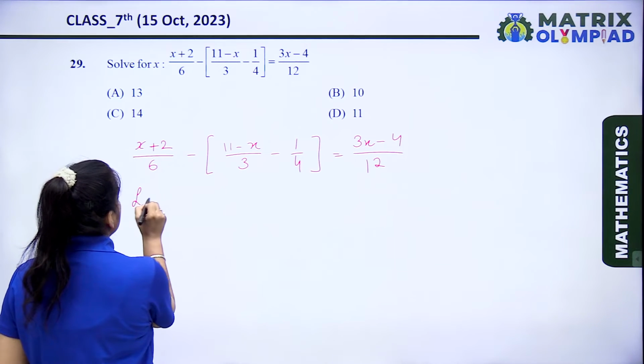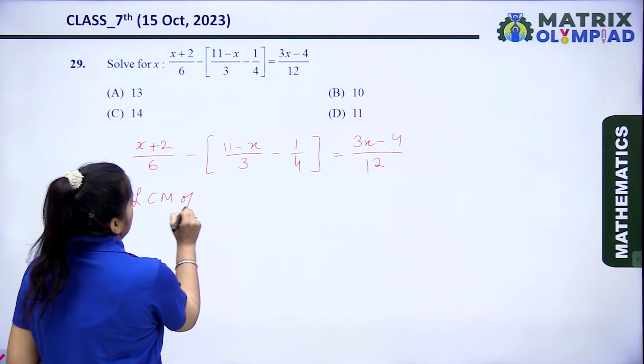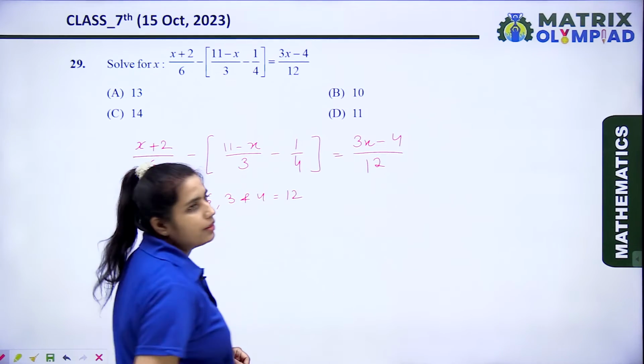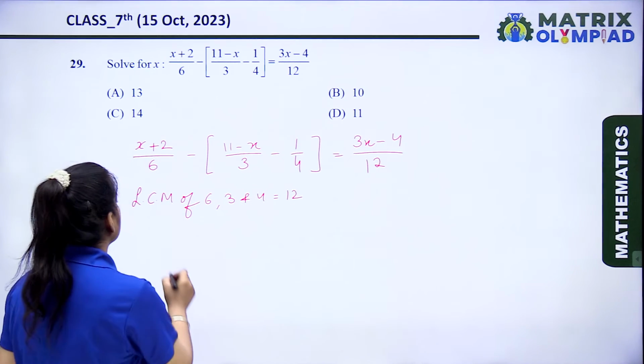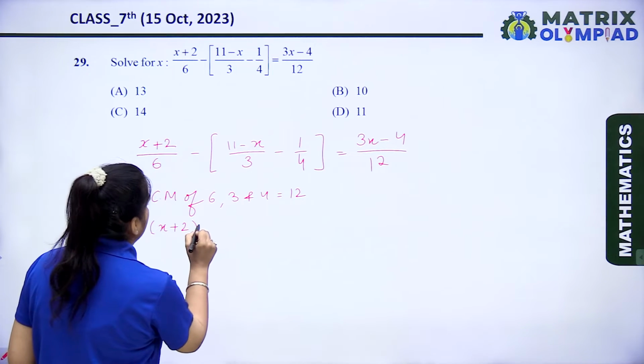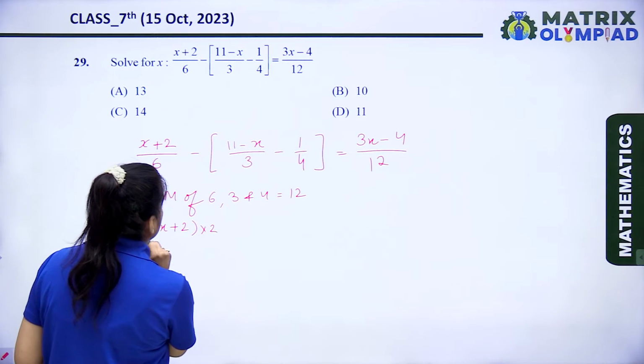So LCM of 6, 3 and 4 is equal to 12. 12 लेने के बाद हमें क्या करना है, here x plus 2 को हम multiply कर देंगे 2 के साथ.